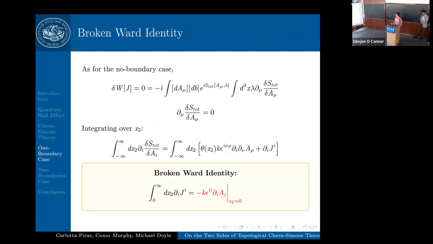So what we do is we take this expression and integrate over x2, and what we obtain is the bottom box, where instead of the right hand side being 0, you can see in red we get a term that again lives on the boundary. So this is a functional way of expressing that we no longer have gauge invariance.